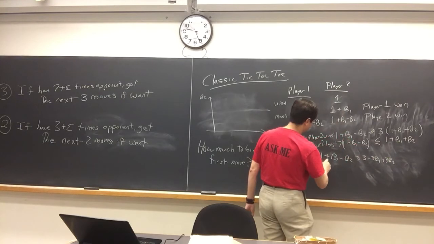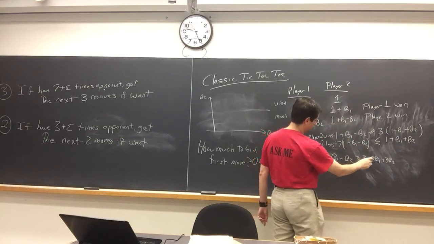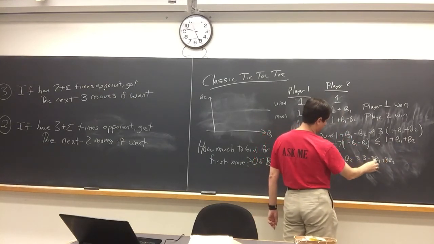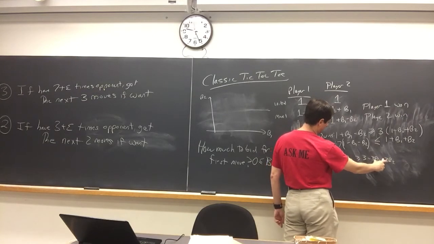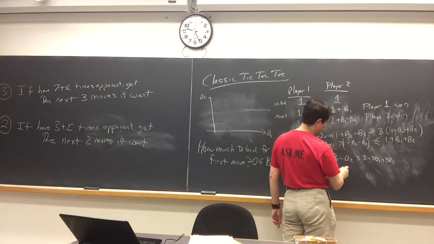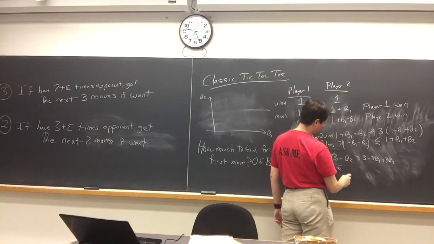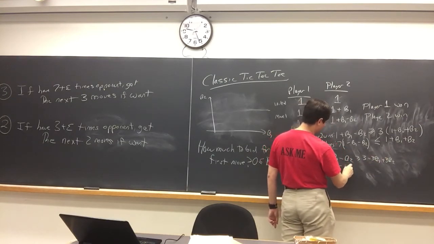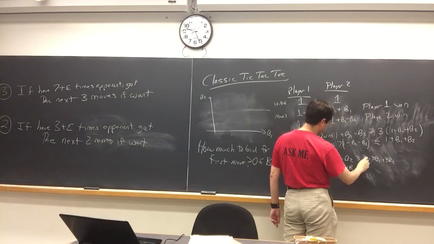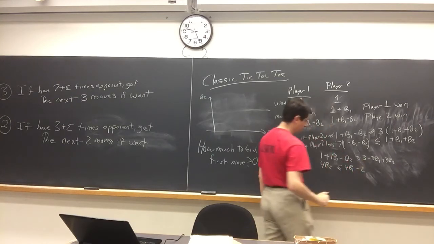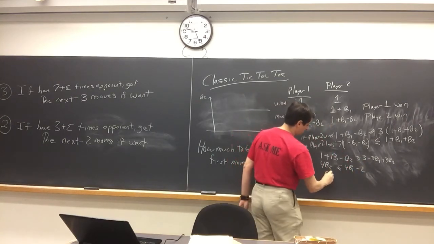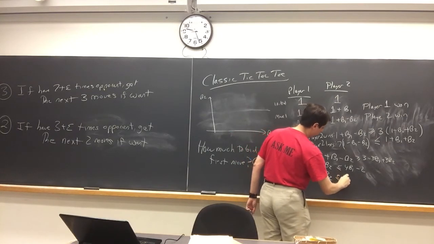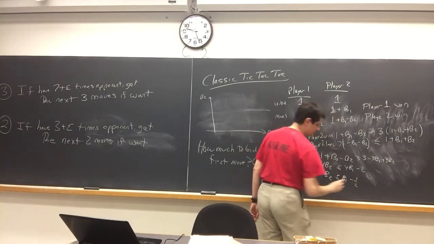So we get 4b2 is going to be less than or equal to, we move this over to this side, 4b1 minus 2. All right, so we get b2 is less than or equal to b1 minus a half.